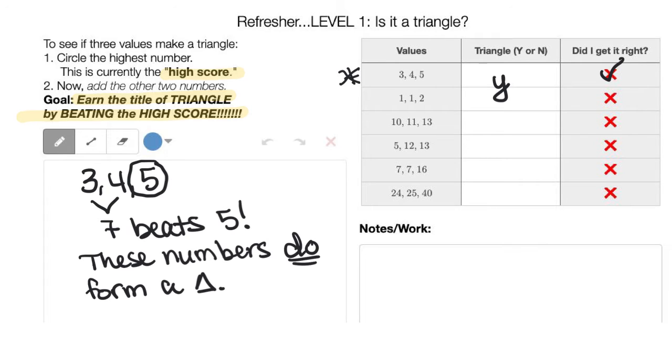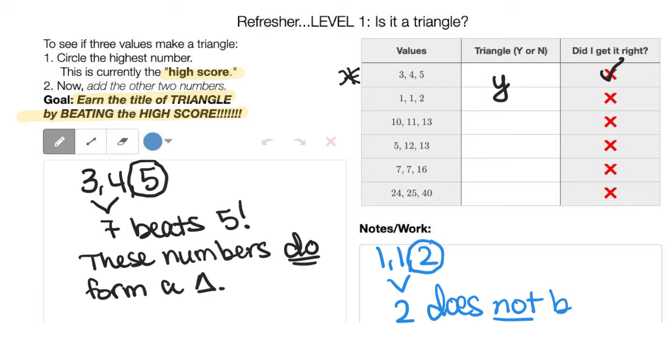I'll do one more with you just to refresh, and then you should be able to do the others on your own. So if I take 1, 1, and 2, right now 2 is the high score. I add 1 and 1 together, and I get 2. 2 does not beat 2.